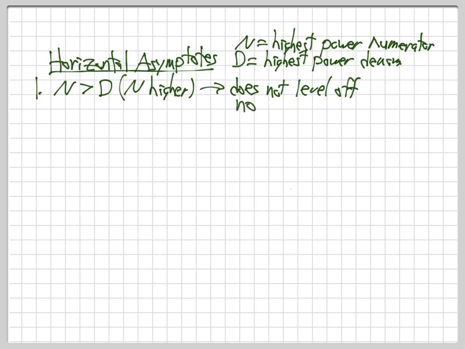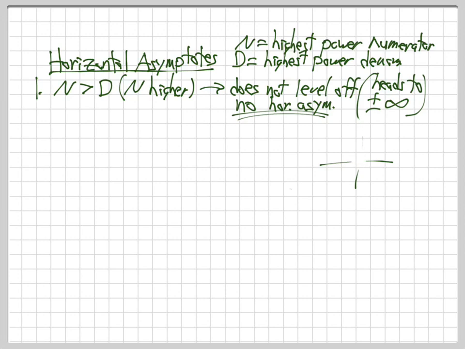There's no horizontal asymptote. It heads to positive or negative infinity, right? It's a graph, if I was to draw, let me draw for you over here, a graph, what it might look like. It's the kind of graph that either goes up forever or maybe it'll go down forever, but it doesn't level off. Let's go to case 2.